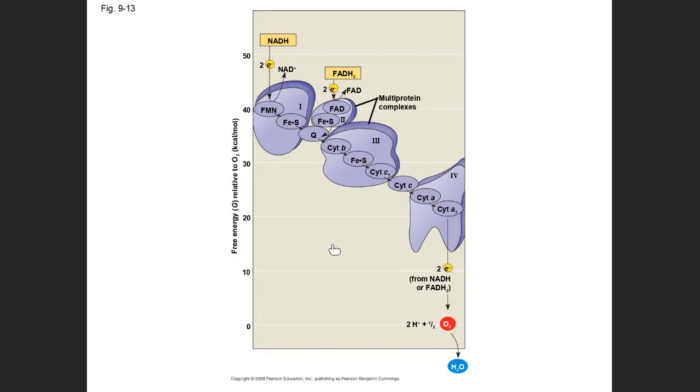Now, when it comes to electron transport chains, for eukaryotes, they're all basically the same. When it comes to prokaryotes, some of the fine details differ, like the different cytochromes we see here, cytochrome B, C, A. They are not exactly the same in prokaryotes, and it actually differs from species to species.